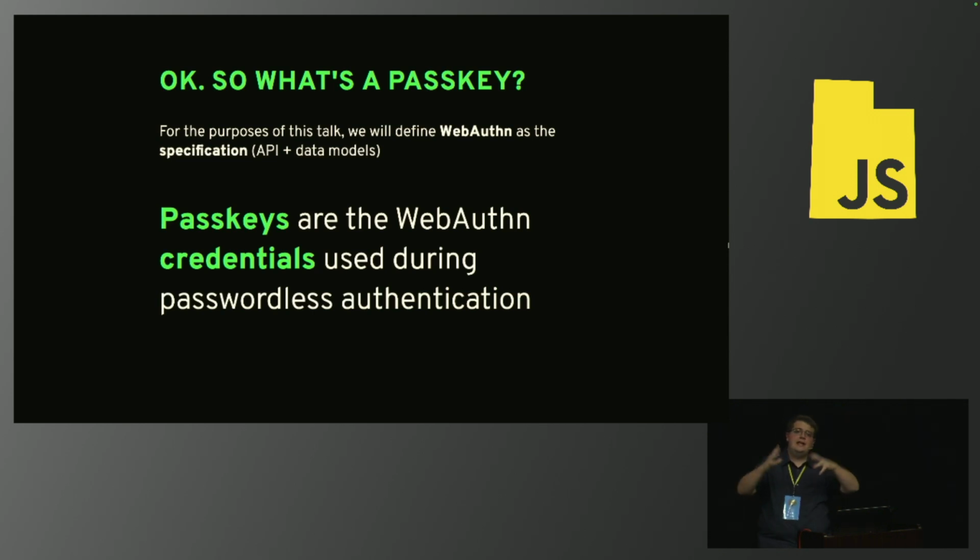And then basically you enable this idea of passwordless authentication, and to some point, and we're going to talk about that, even no-username authentication as well. For the purposes of the talk, that's how we're going to refer to them: WebAuthn as a spec, and passkeys as the actual credential that the user is using to log into your application or your website.